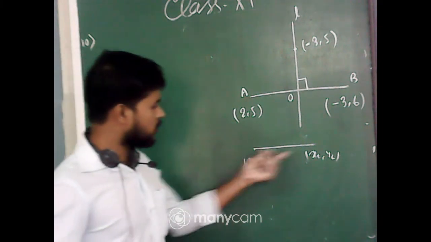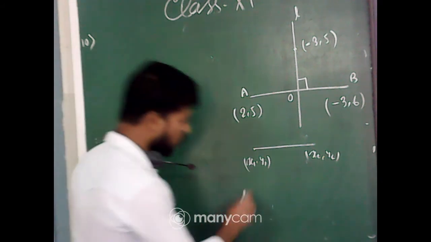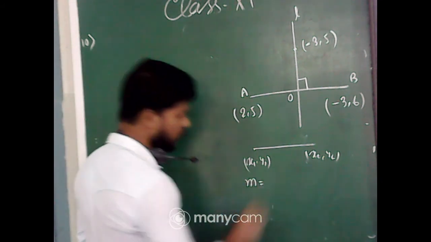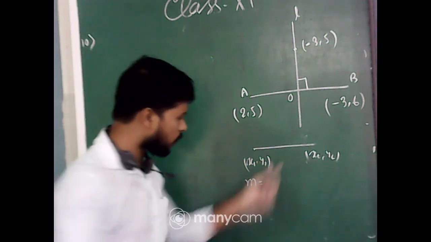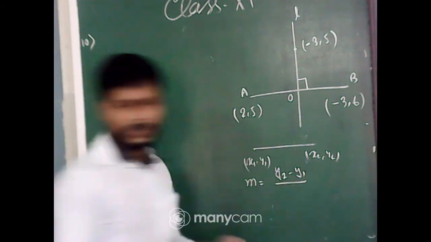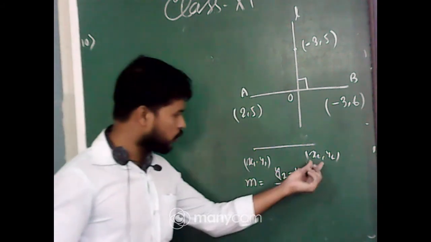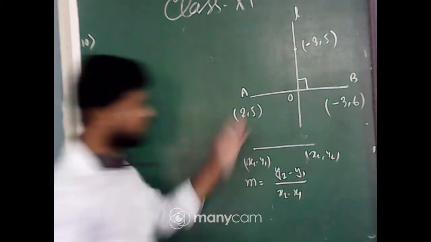So the slope m is equal to the difference between the ordinates, y2 minus y1, divided by the difference between the abscissas, x2 minus x1. This is the slope of the line.